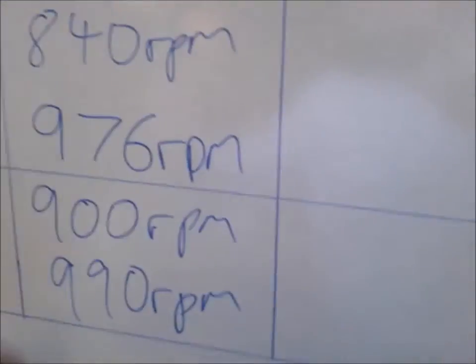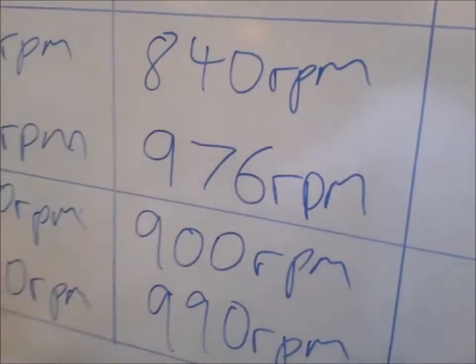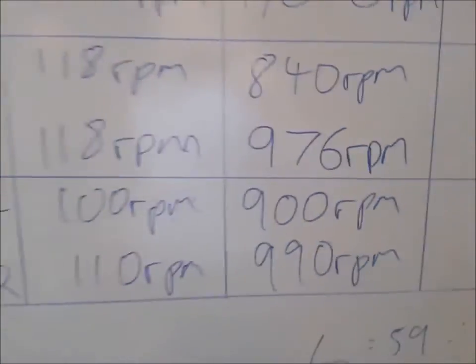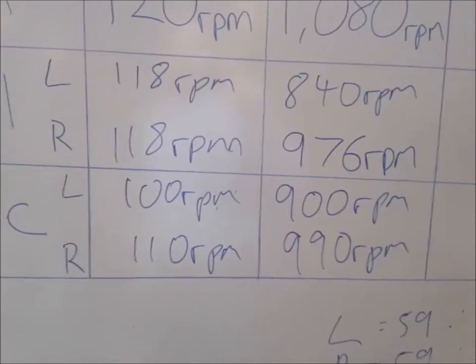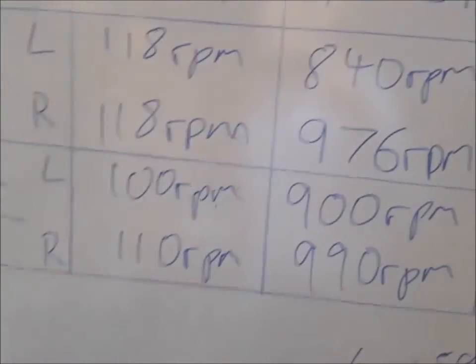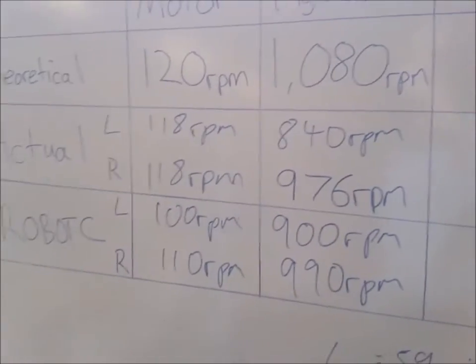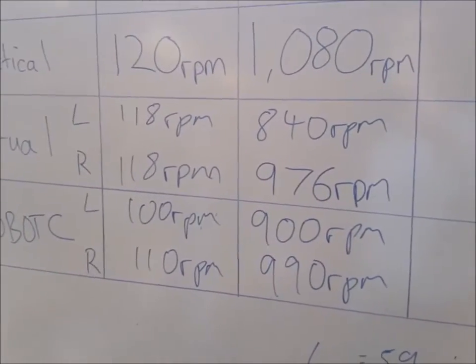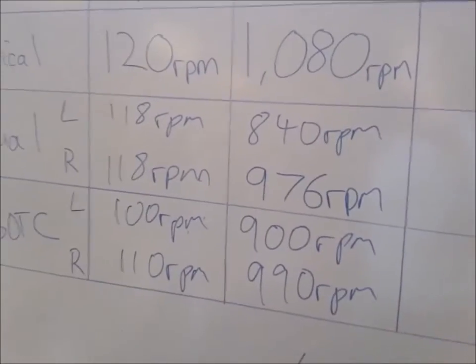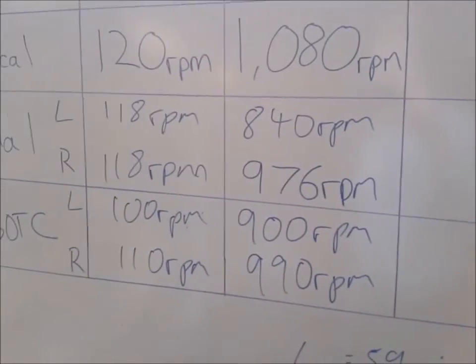That would probably account for the differences between these. But it shows that the pattern is correct. My left flywheel is less efficient, is performing poorly compared to the right flywheel. So I probably need to look at the left gearbox and see if there are any losses in there and try and improve that.